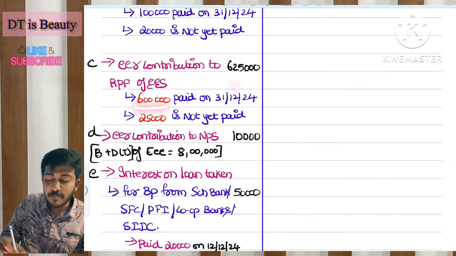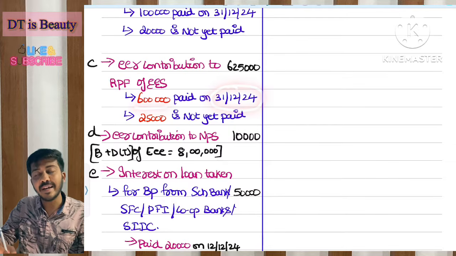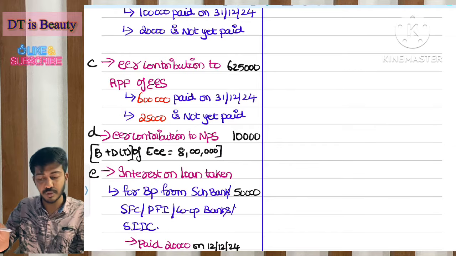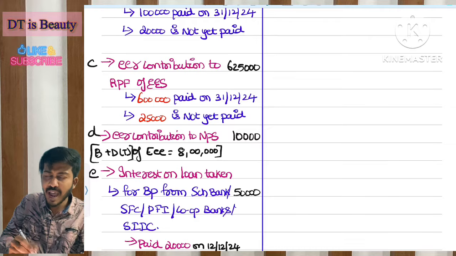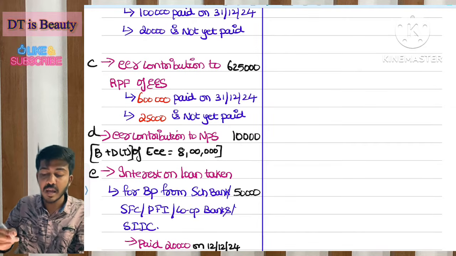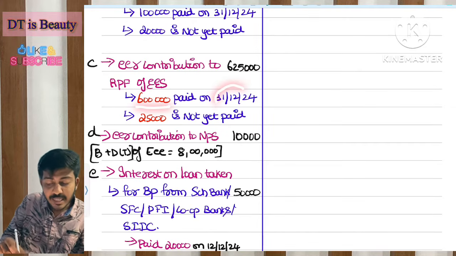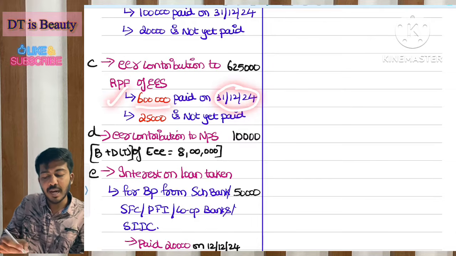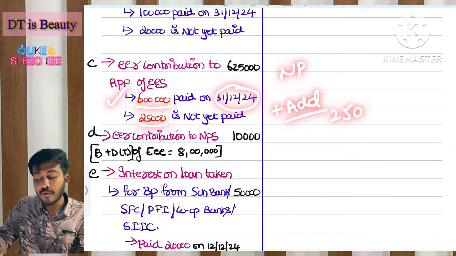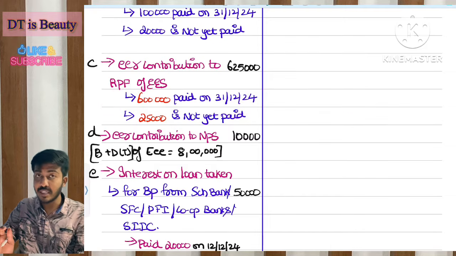So 6 lakh is paid before the 31st July 2025 or 31st October 2025, whatever the income tax due date is. Question will tell you in the exam, or based on the turnover, you can judge what is the income tax due date. I will cover this in the next part, how to judge the income tax due dates. So 6 lakhs paid in the same previous year itself, super, it is allowed. 25,000 is not yet paid, which means in the answer under net profit additions category, you should add only 25,000, because that is only the mistake.